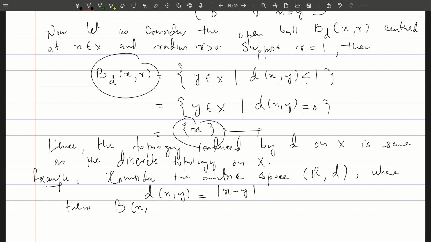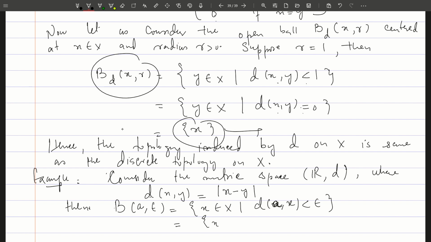B(x, epsilon) will be the set of all points y in X such that the distance of x and y is less than epsilon. Let us make this concrete here. Let us take this point a. So this is the set of all points x in X such that the distance between a and x is less than epsilon.